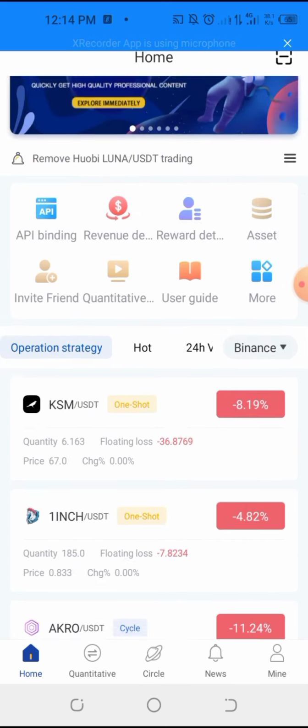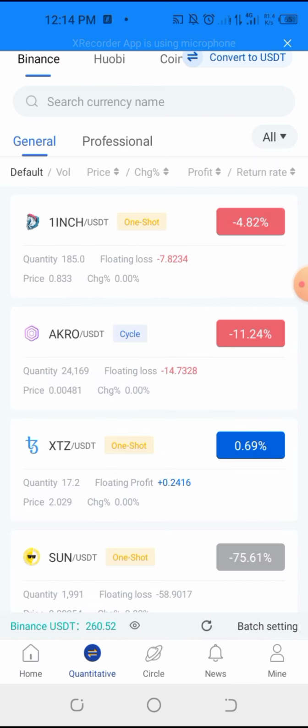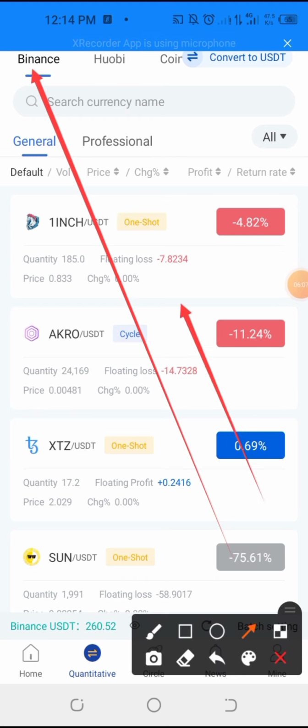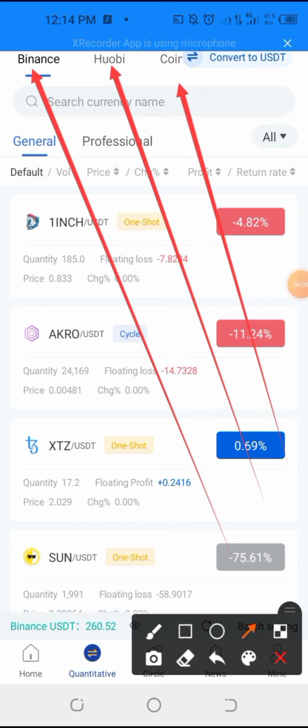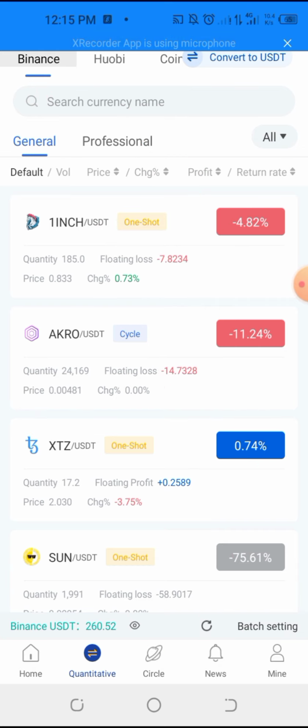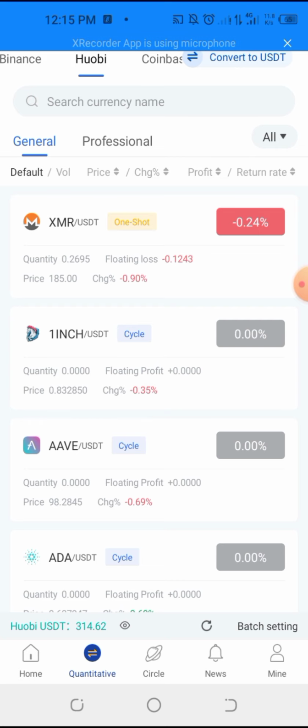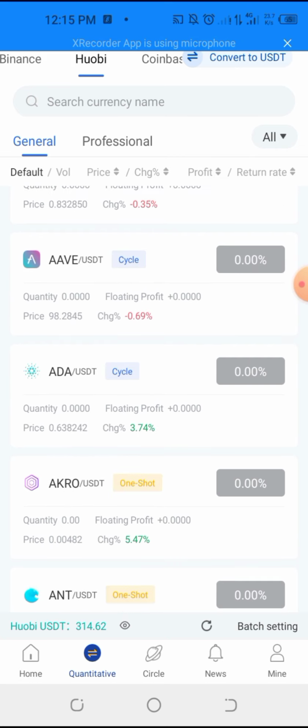You can see if I go to quantitative down, you can see up here that this bot is connected to Binance, connected to Wobi, connected to Coinbase Pro, but I'm only connected to Binance and Wobi. Now, if I go to the Wobi section up, you can see these are some of the trades it has done for me.